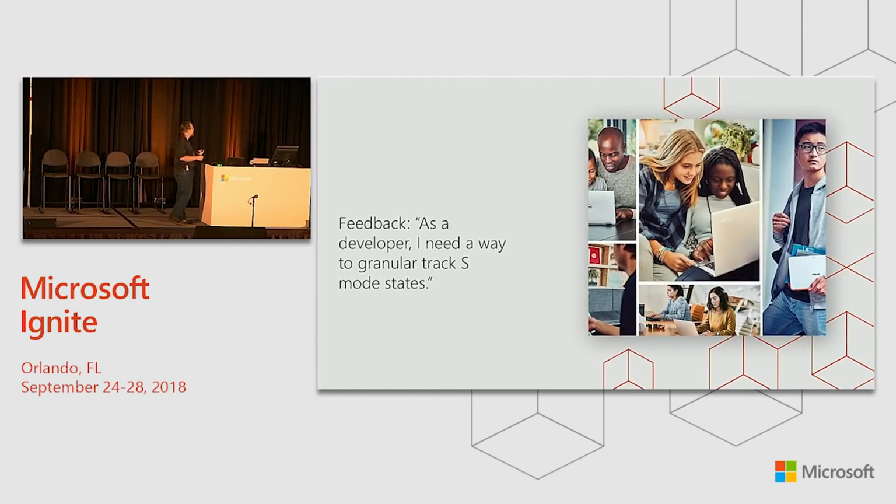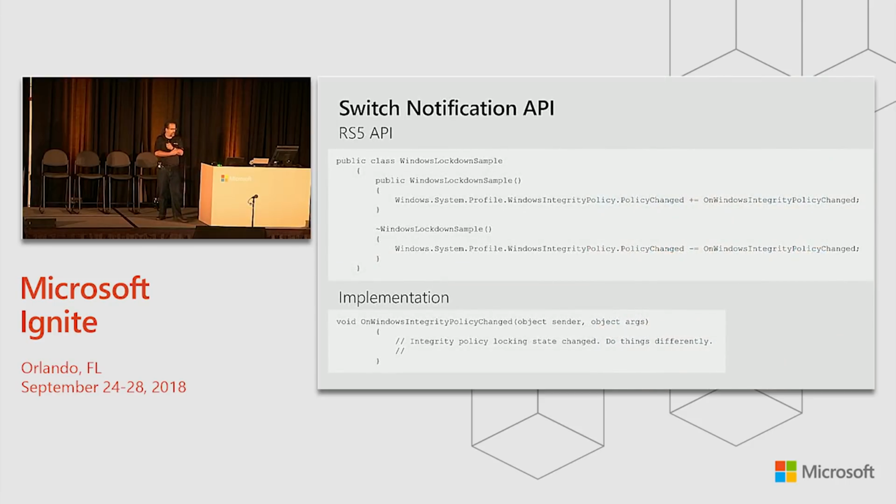Finally, as a developer, I need a way to granularly track S mode states. So with that, we have devised with RS5 a switch notification API. If you are a developer and you need to track when a device has changed state, if you have something that is event-driven and you need to look for a specific event that triggers this, you can take advantage of the switch notification API.